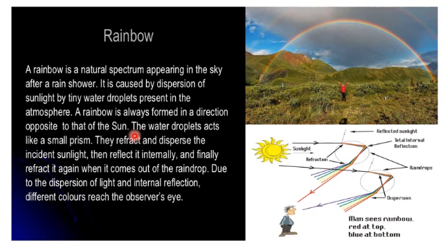The water droplets act like a small prism. They refract and disperse the incident sunlight, then reflect it internally, and finally refract it again when it comes out of the raindrop. Due to the dispersion of light and internal reflection, different colors reach the observer's eyes.